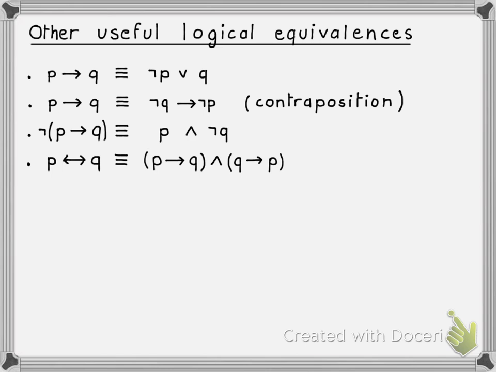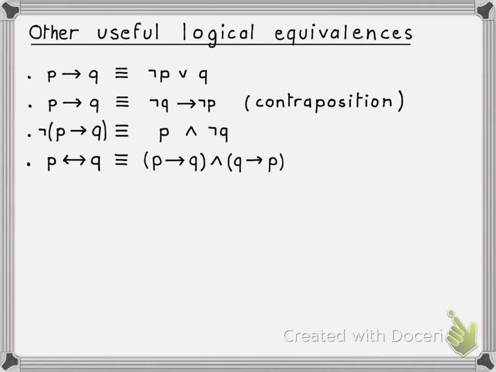What it says is that if it is true that P biconditional Q, then it must be the case that not only P implies Q, but also Q implies P, and vice versa. Right? If this is true, then this must be true. The logical equivalence works both ways, right? These two propositions are always true at the same time and always false at the same time.